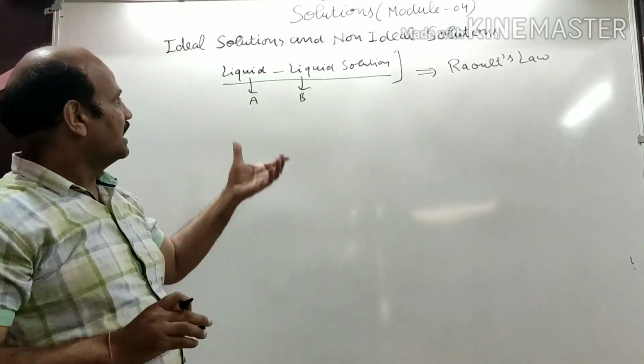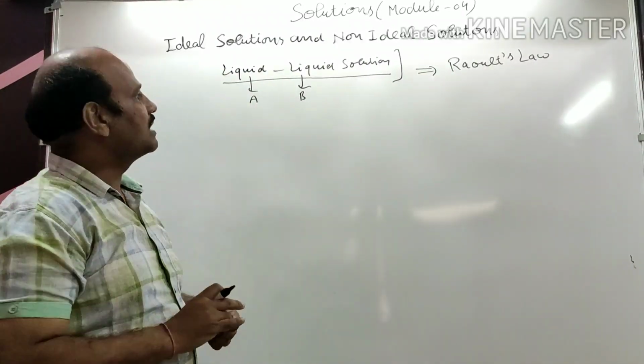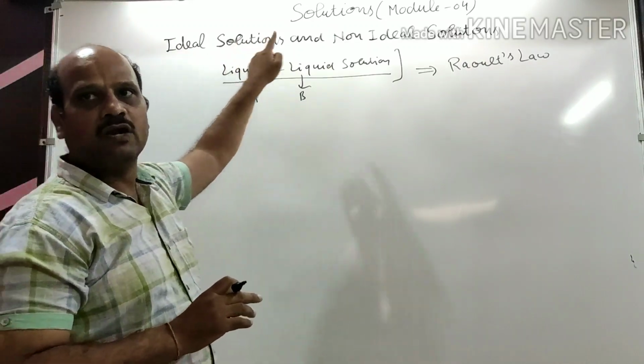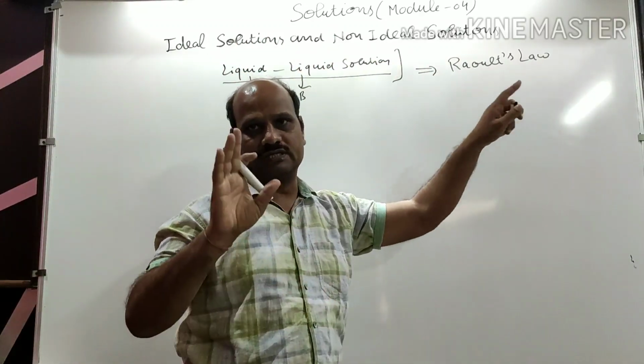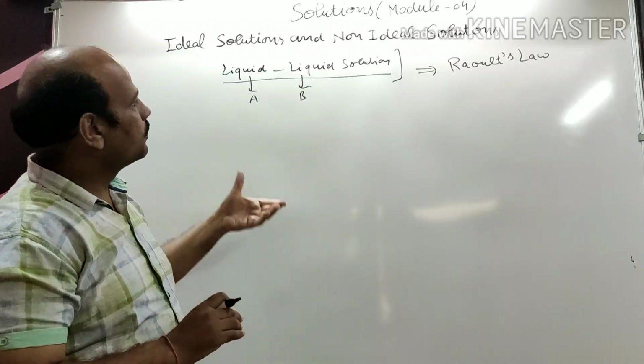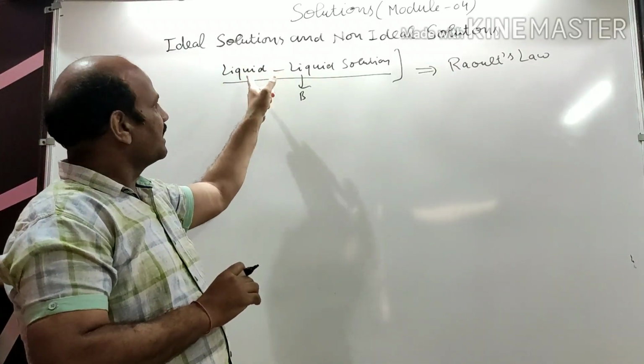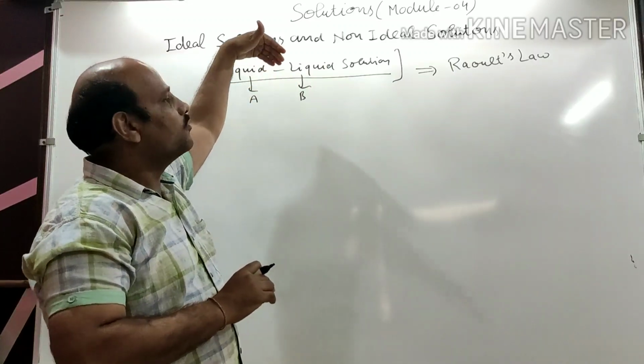Or you can say liquid solutions can be classified into two categories, ideal solution and non-ideal solution. Students, I think it is clear to you. Because we are taking both as liquids, it means both are volatile.